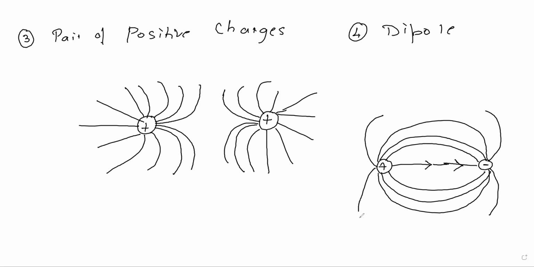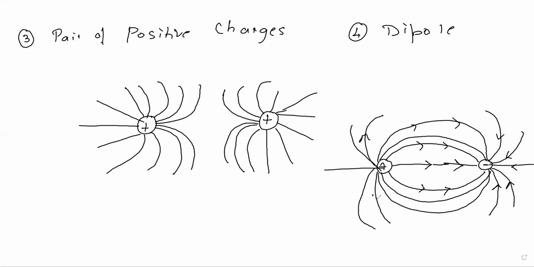Here the arrow mark goes like this. Just a second, let me draw it. Positive charge outward, negative charge inward. Okay, got it? So this is the electric field line representation for a dipole.